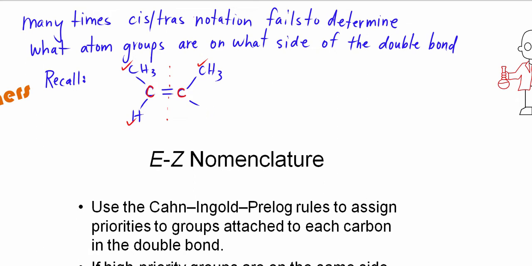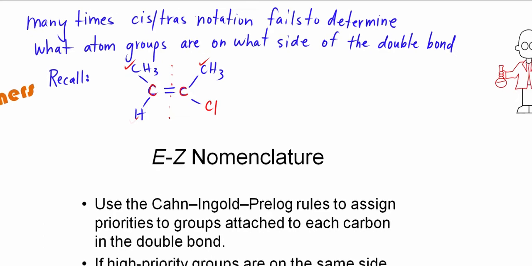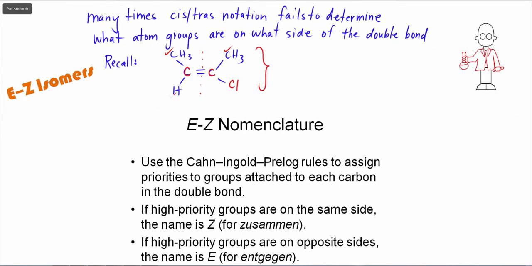I can change it to make this a Cl. So just the CH3 groups are equivalent, and they're projected on the same side of the double bond. So we would call this a cis isomer.